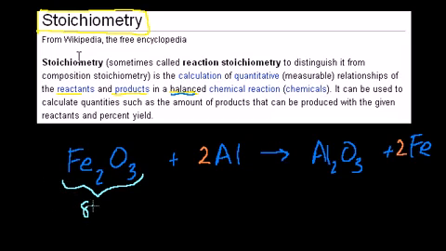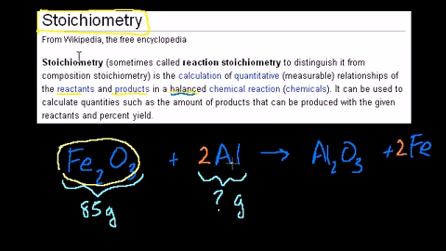So we're given 85 grams. My question to you is, how many grams of aluminum do we need? Well, you look at the equation, you immediately see the mole ratio. For every 1 mole of iron 3 oxide, we need 2 aluminums.